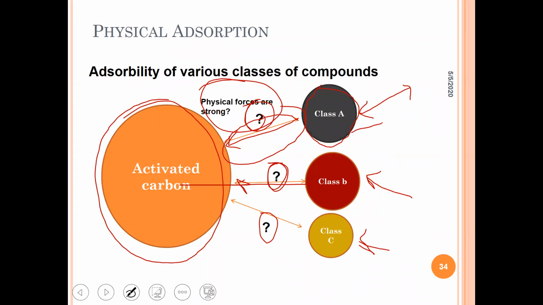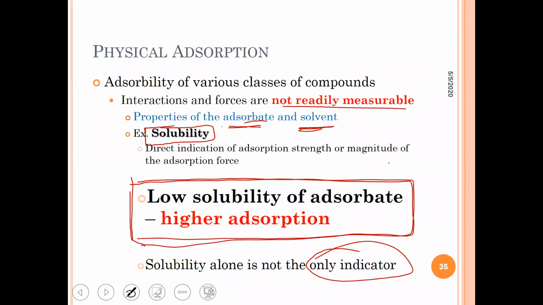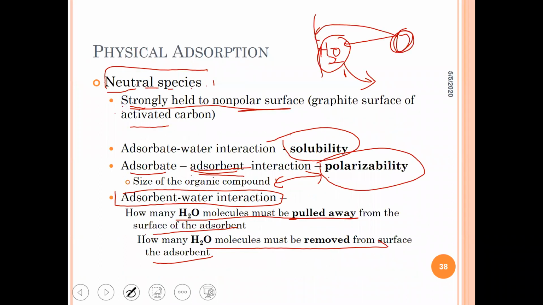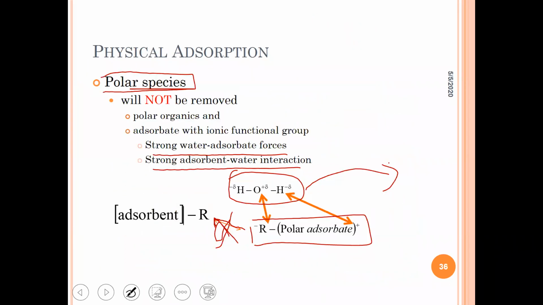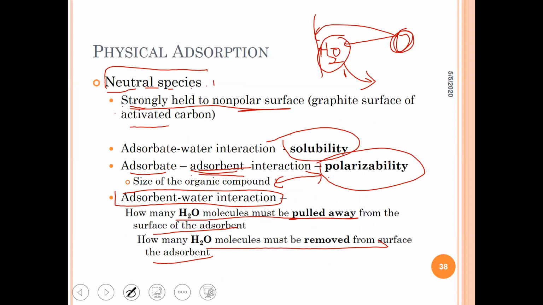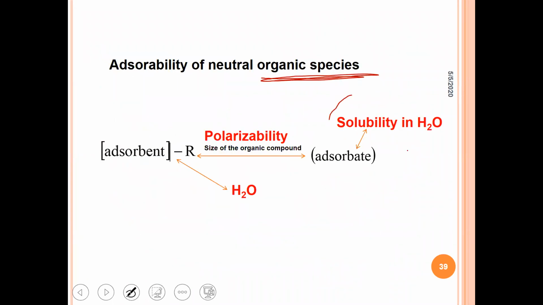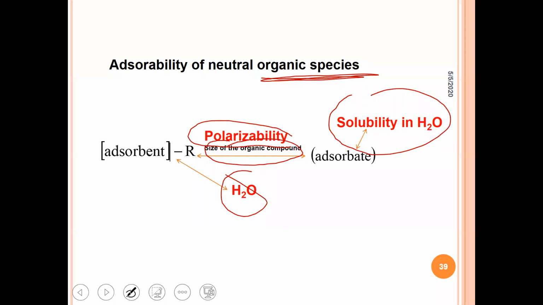Okay, so this is all theoretical background, with which we can see what class of compound, whether ionic species, neutral species, or heavy metals, will be attached or not. What we have to see: solubility in water, polarizability, size of the organic compound, and reaction of the adsorbent with water.